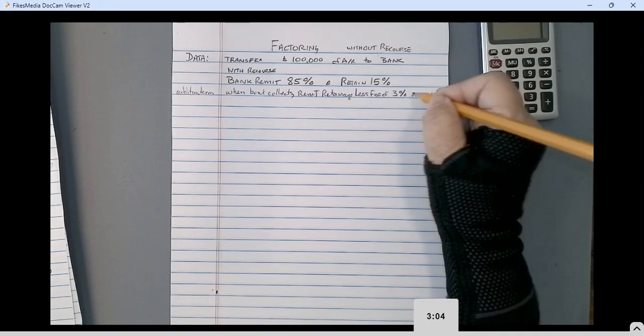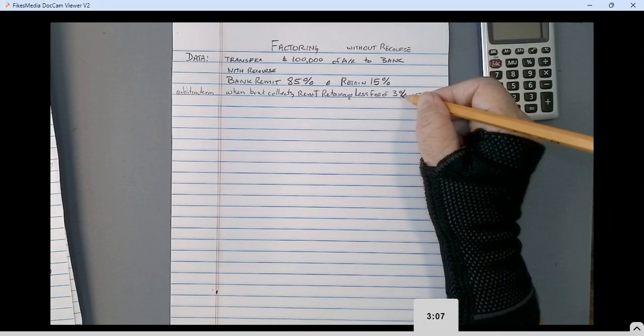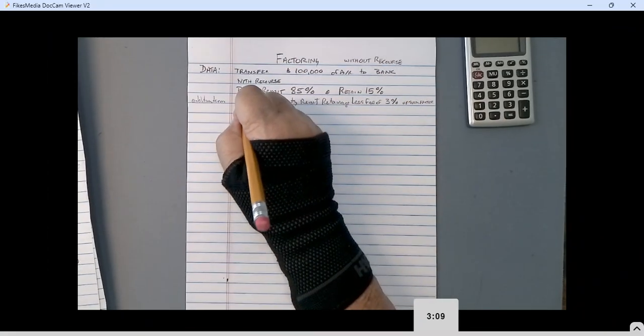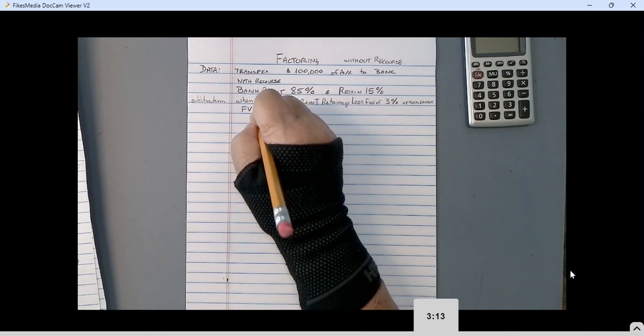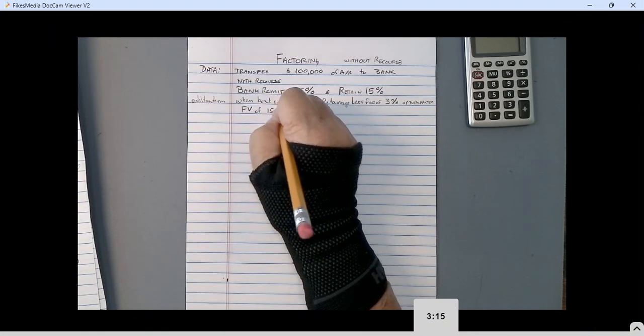Okay, so they start subtracting their fee. We also know from the problem, they have given us the fair value of the 15%.